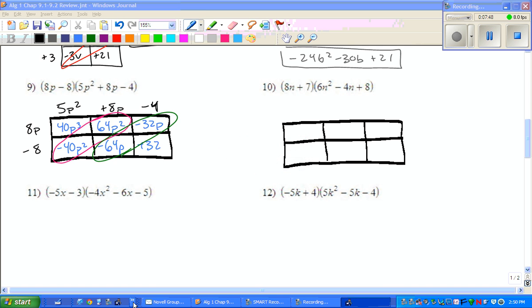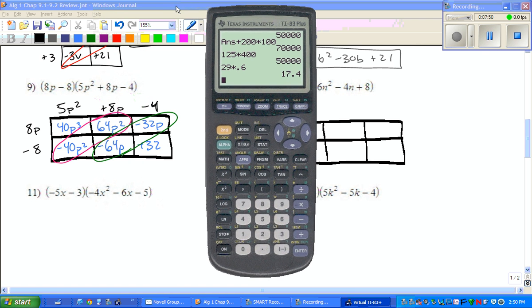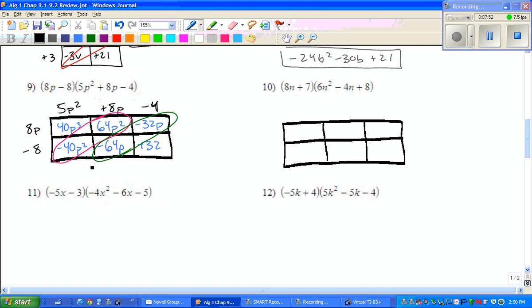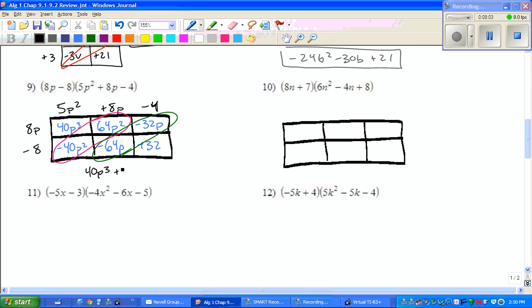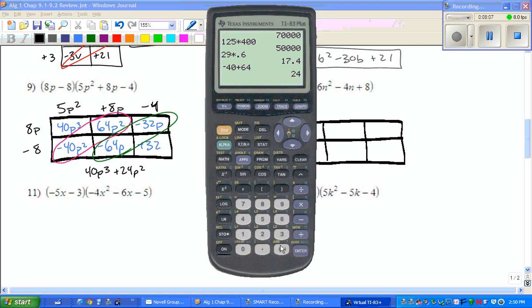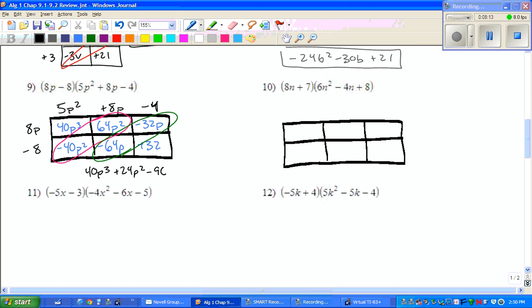And if you want to make sure you don't make a mistake, take out your calculator. You have 40p cubed. And then you get negative 40 plus 64, 24p squared. Negative 64 minus 32, negative 96p plus 32.